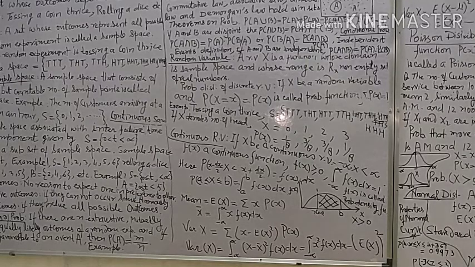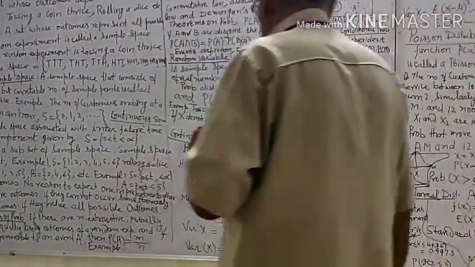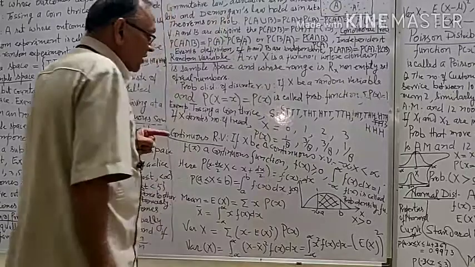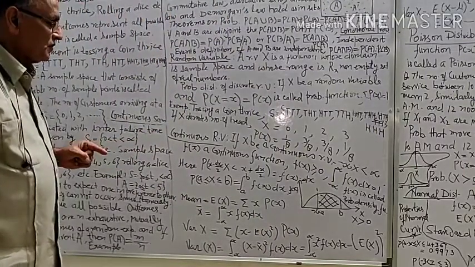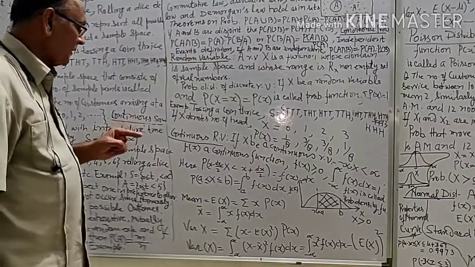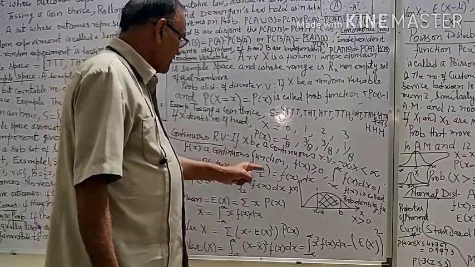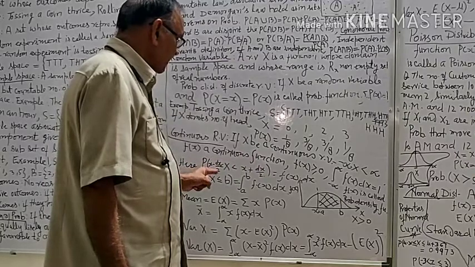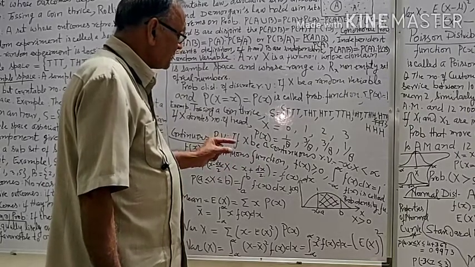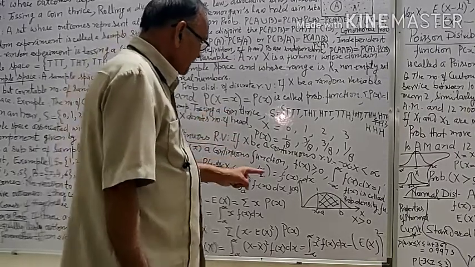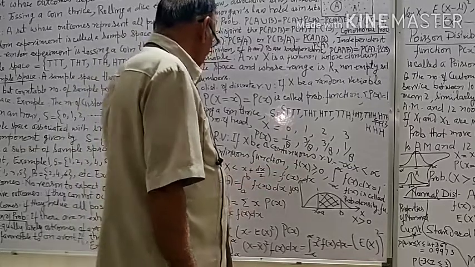But here we define or we attach the probability to an interval of the range. For example, probability x less than x plus dx by 2, x minus dx by 2, where dx is very small, is equal to fx dx.